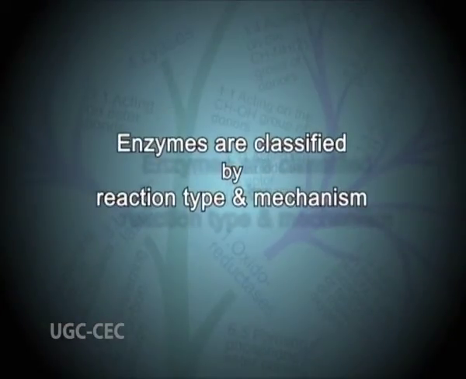Enzymes are classified by reaction type and mechanism. A system of enzyme nomenclature that is comprehensive, consistent, and at the same time easy to use has proved elusive. The common names for most enzymes derive from their most distinctive characteristic, that is, their ability to catalyze a specific chemical reaction.